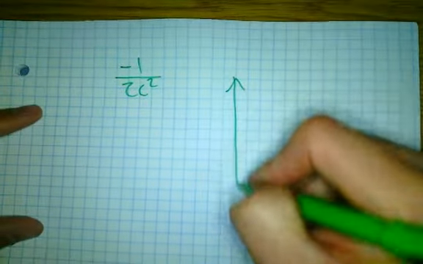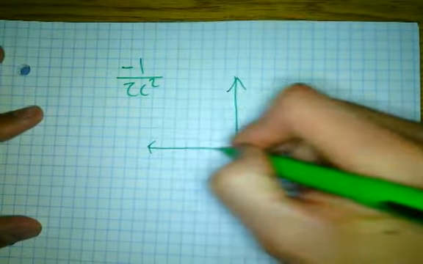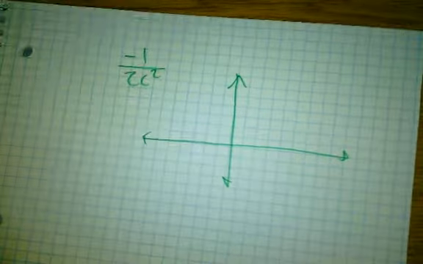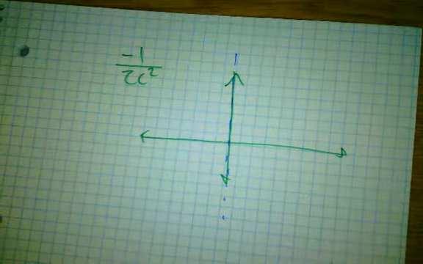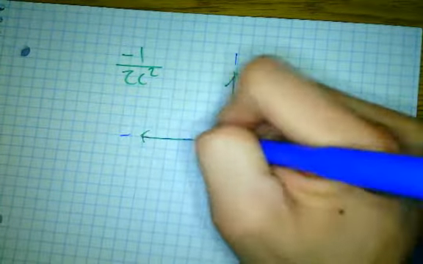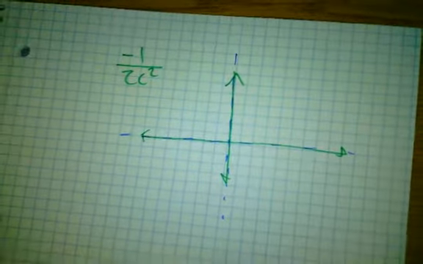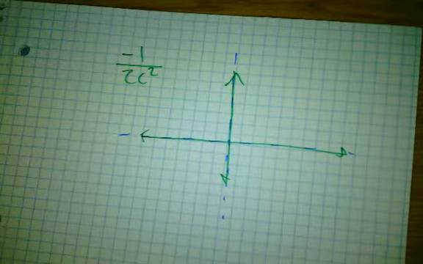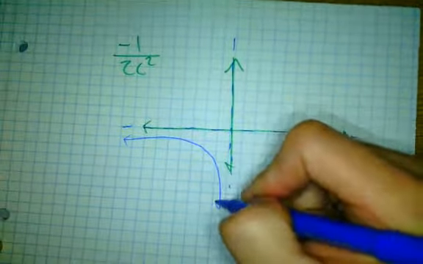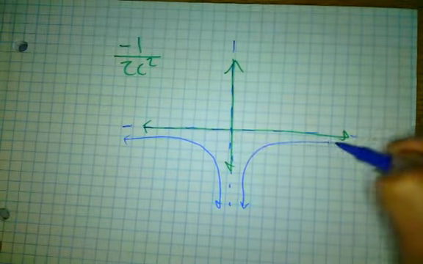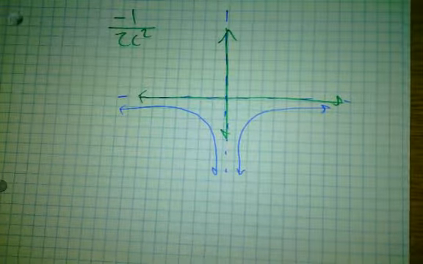So if we pretend that's an x, that means you have an asymptote where? At 0. And you have a horizontal here, right? Now, if you plug in any value, it's going to be negative, right? Do you agree? So this thing is going to look something like that. Yes? You with me? Okay.